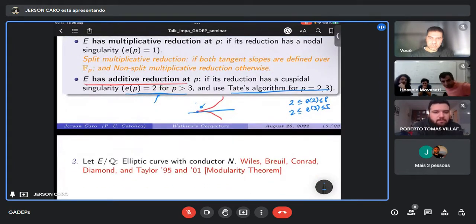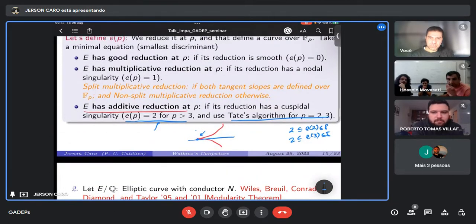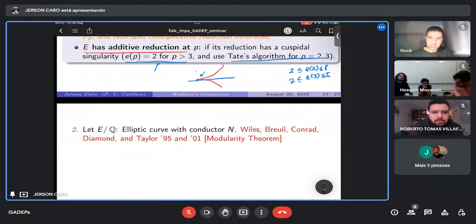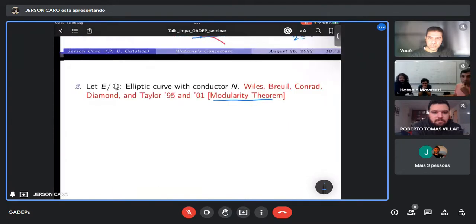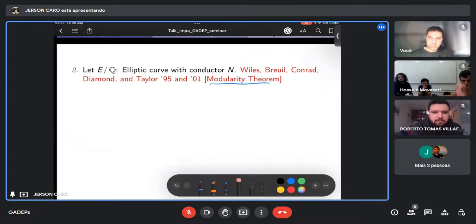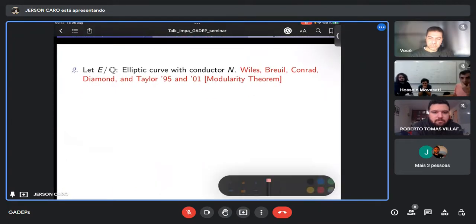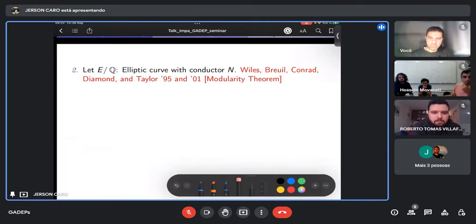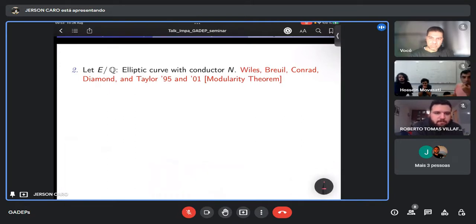Okay, so that's what the conductor of an elliptic curve is. But we have this theorem. It's a very important theorem in number theory, the modularity theorem, and it says the following.